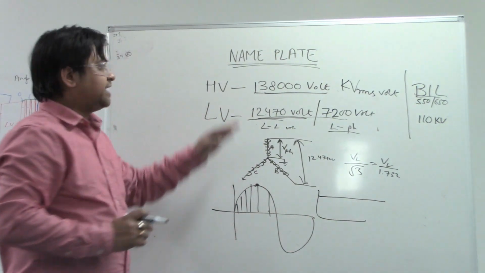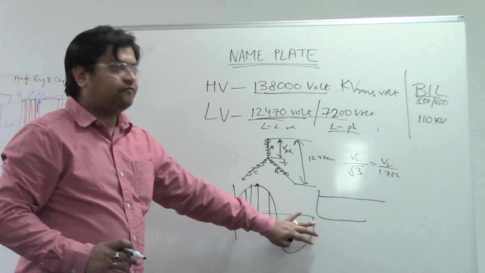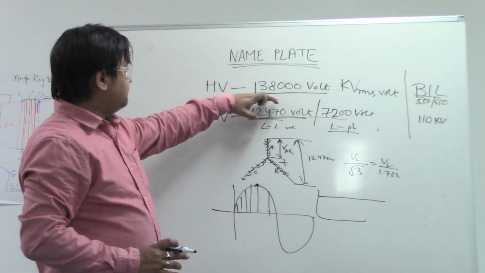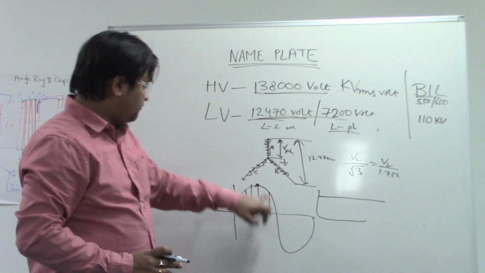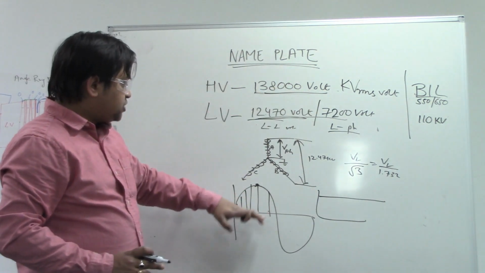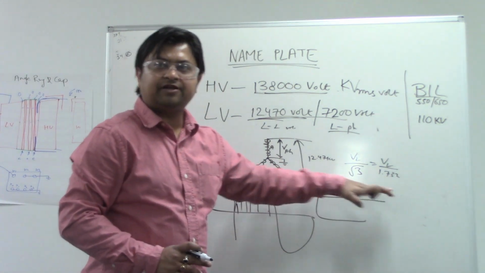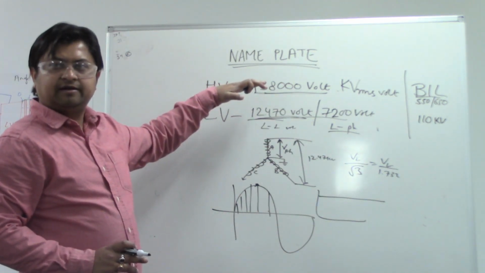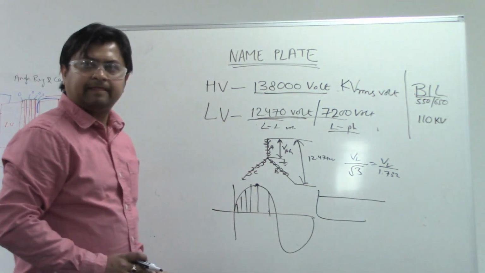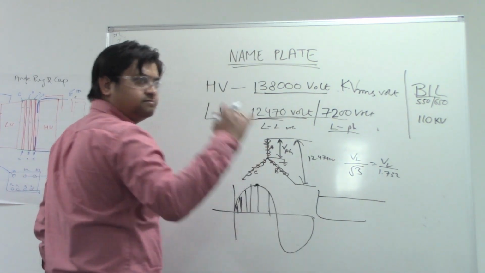You are not actually converting, it is just a representation to show that if we compare this AC waveform with the DC voltage, then this AC voltage of 138,000 volts is actually giving a continuous, average voltage. So the average energy through the system is 138, but this can have a little bit of ups and downs in the values.